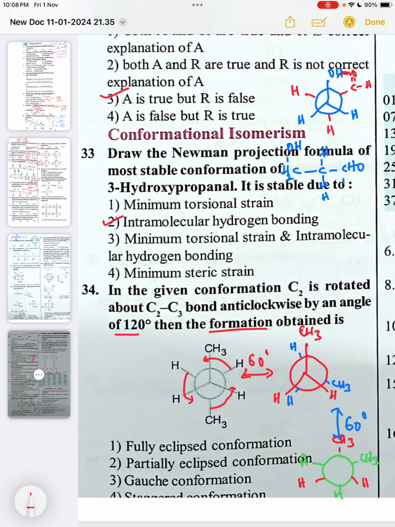Now this is a 120-degree rotation. What conformer is formed? This conformer is called the Gauche conformer. So the third option. A Gauche conformer is possible.